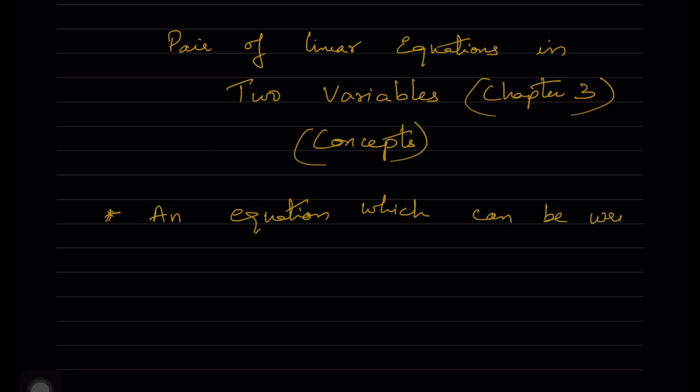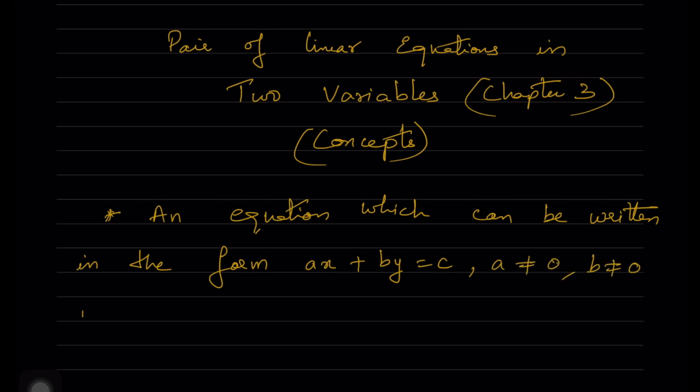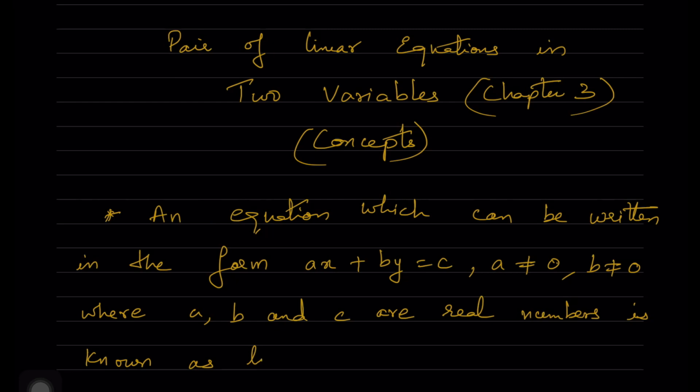So the concepts in this which we are going to deal with, first I'm just giving as points over here. An equation which can be written in the form of ax plus by is equal to c, a not equal to 0, b not equal to 0, where a, b and c are real numbers, is known as a linear equation in two variables, x and y.